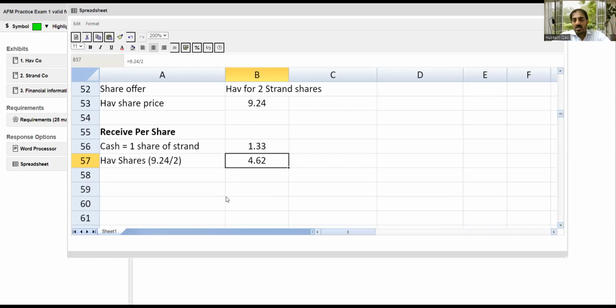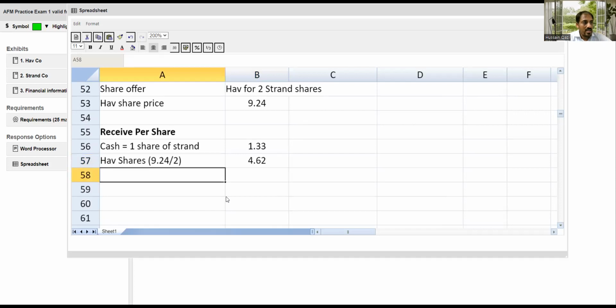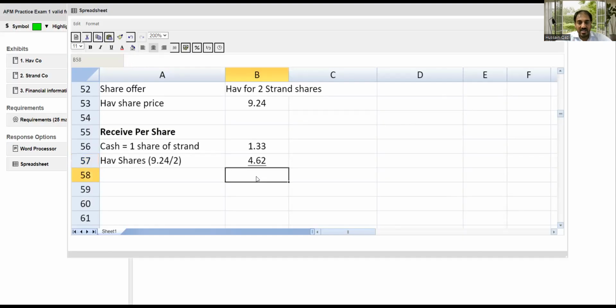Strand accept one share of Have against 2 Strand company shares, so actually the value per Strand share becomes 4.62, and the total amount they are accepting per share is equal to 5.95, and what they will forgo, that's one share, and the one share value, previously we have already done, that's 4.77.